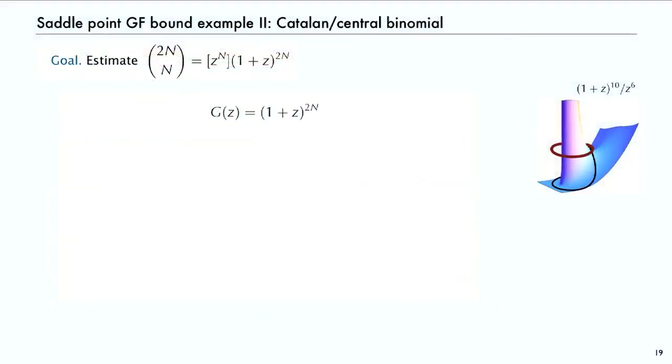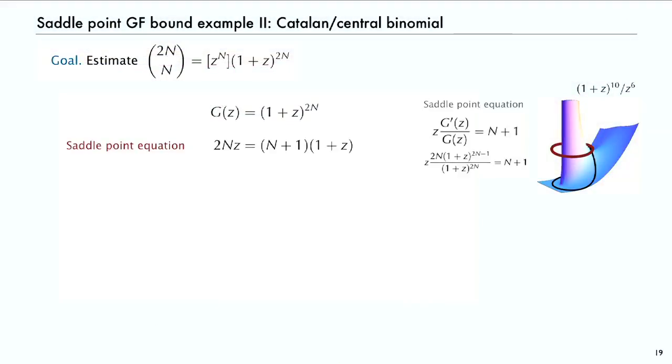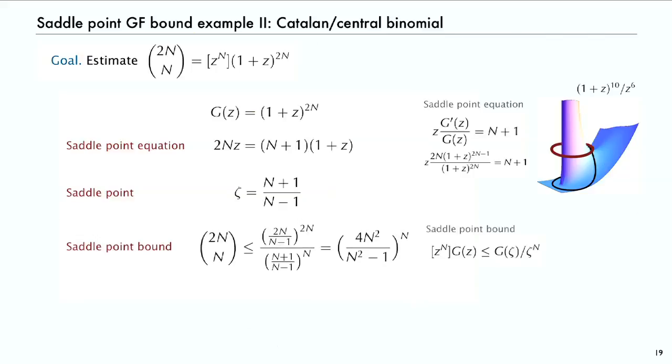So now we'll just take g of z to be 1 plus z to the 2n. The saddle point equation is to take the ratio of g prime over g and set it equal to n plus 1. In this case, that works out to 2nz equals n plus 1 times 1 plus z, or the saddle point is n plus 1 over n minus 1. So that's where the exact saddle point is.